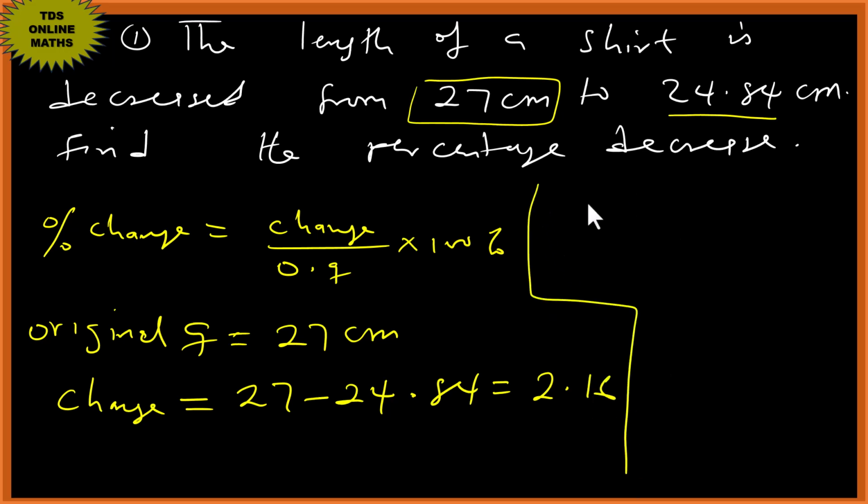So the percentage change here is the change, 2.16, over the original quantity, 27, times 100.